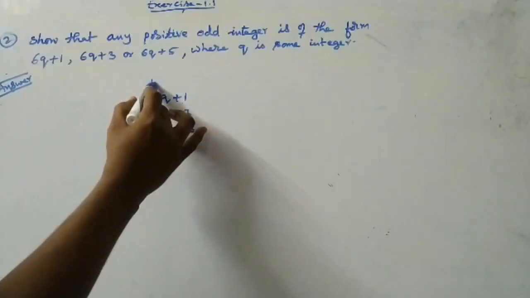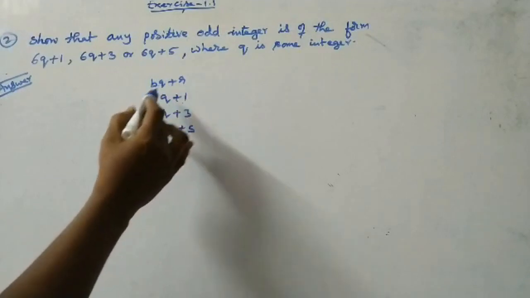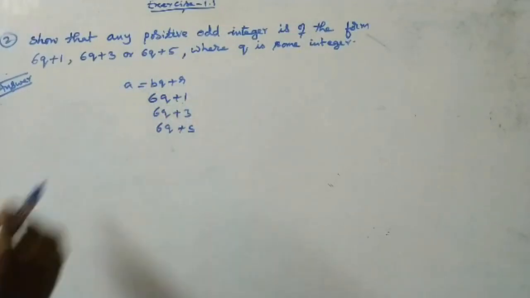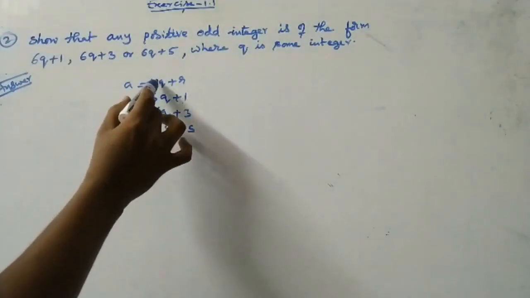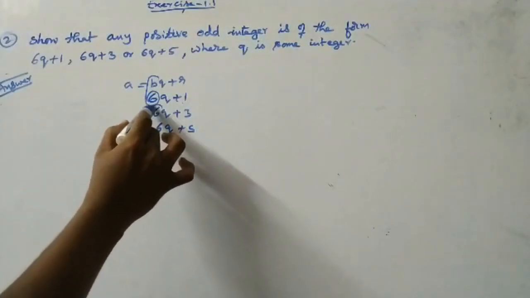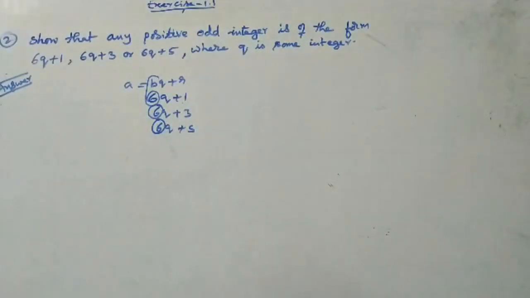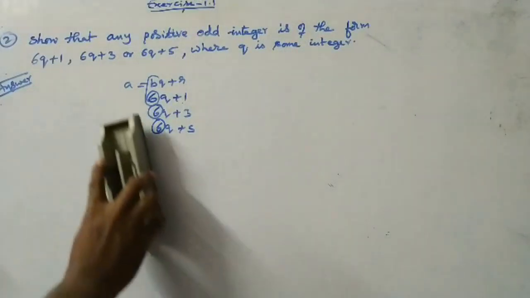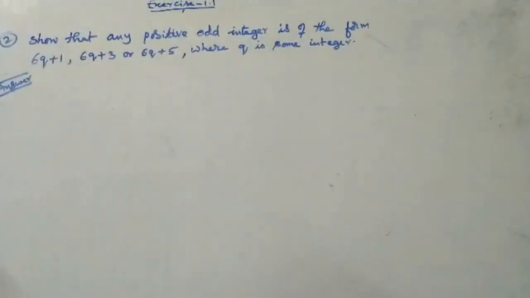Now all these are in the form of bq plus r. So a is equal to bq plus r. Now the divisor is 6. It will be cancelled in 6 times. So here we will consider the divisor is 6.